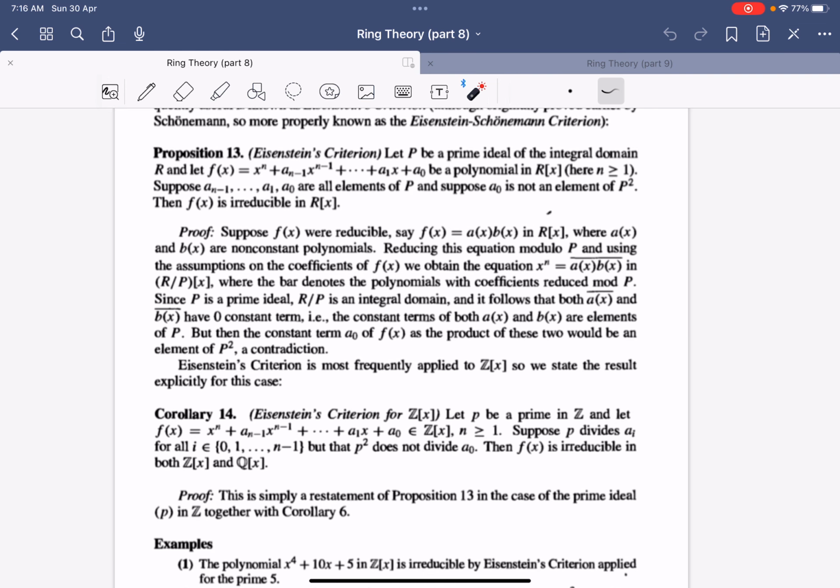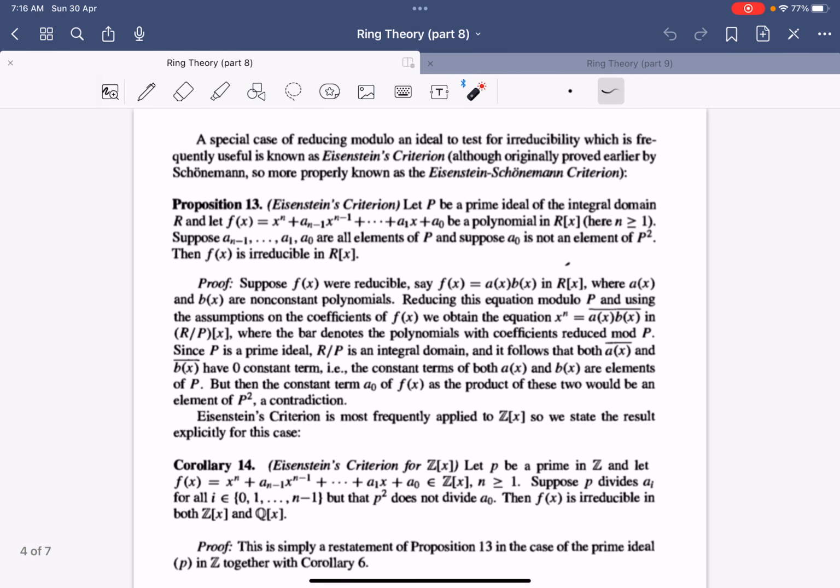Next, we see a special case of reducing modulo an ideal to test for irreducibility, and this is known as the Eisenstein criterion.